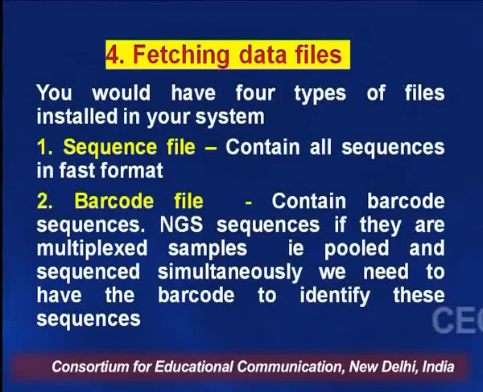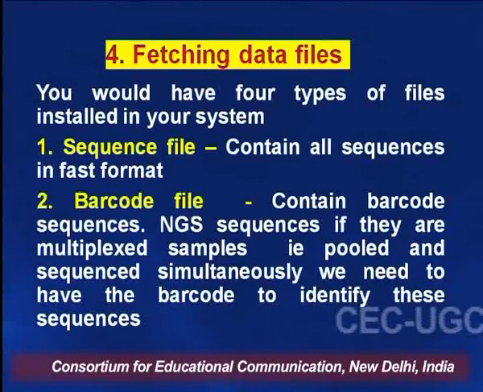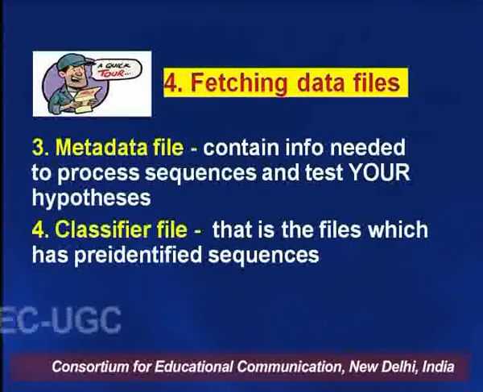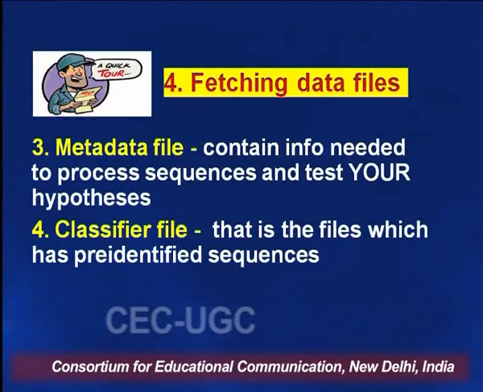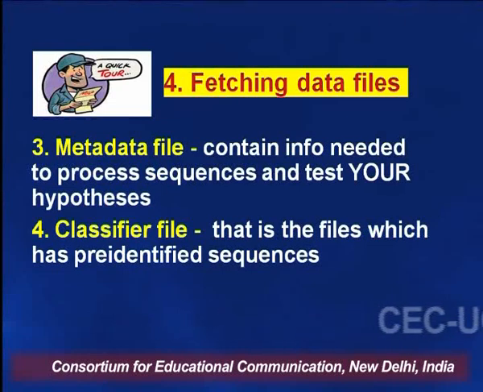You will need 4 types of data files. The sequence file is a must, in FASTQ format. We have barcode files. All these come from the NGS, the Illumina sequencing. Then the metadata file and classifier files.